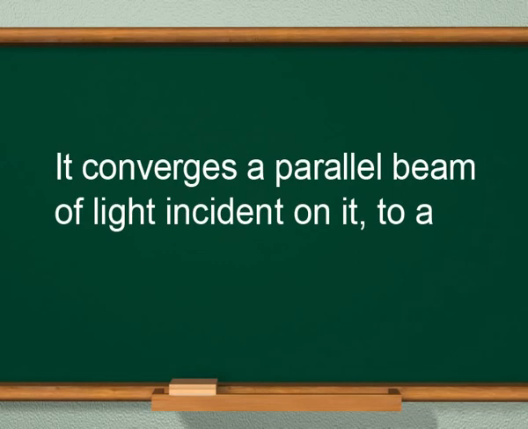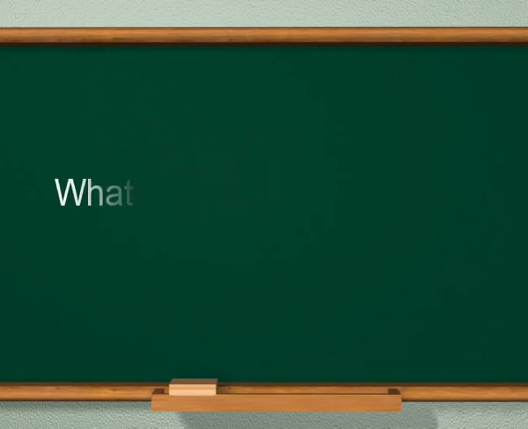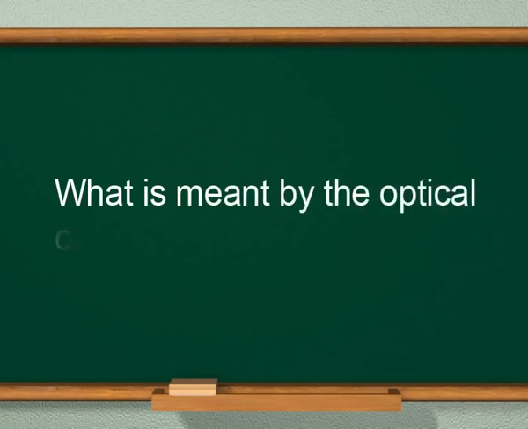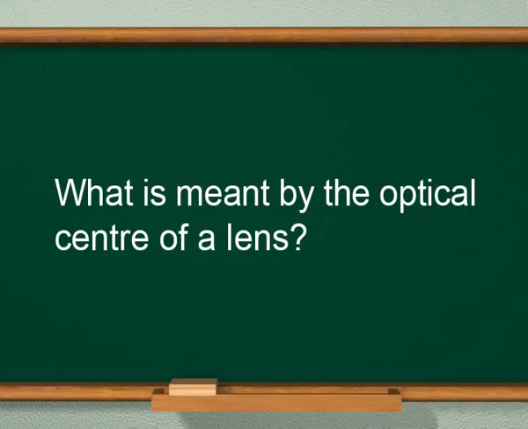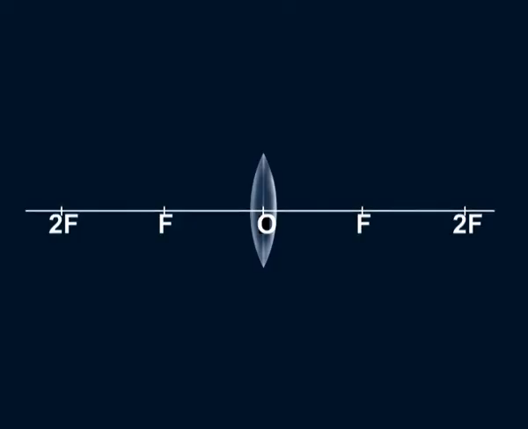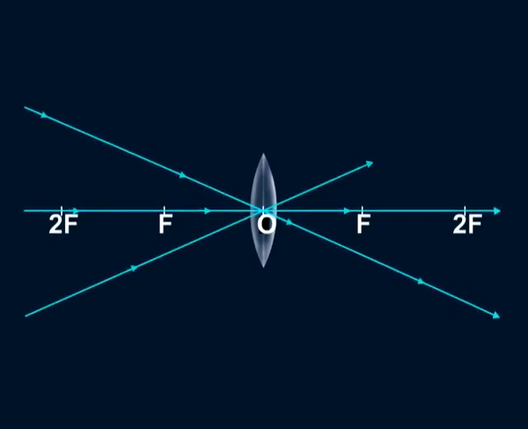Next question, what is meant by the optical center of a lens? The answer, optical center of a spherical lens is a fixed point inside the lens on its principal axis.